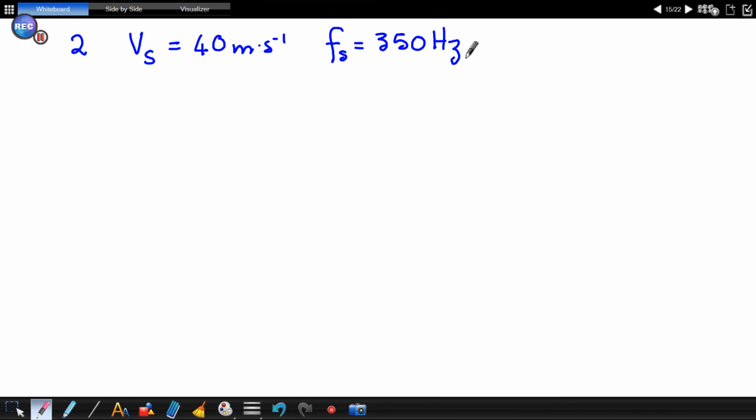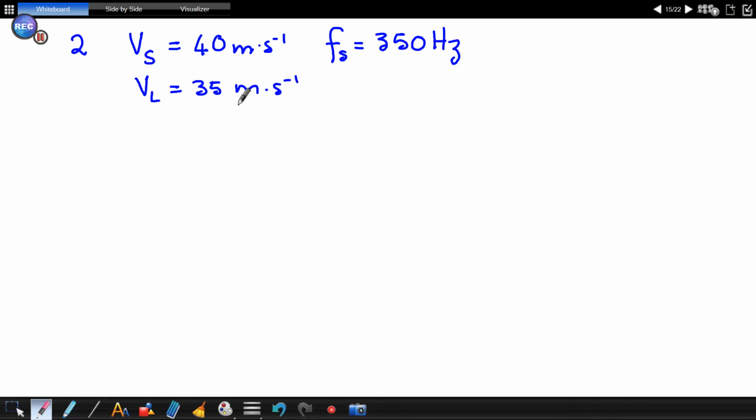Okay. The police car is chasing a robber in another car moving at 35 meters per second. So is this the listener perhaps? Okay, so VL is 35. He's going slower than the police car, so he'll hear an increased frequency.